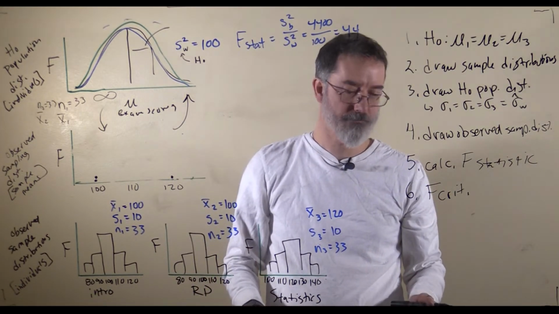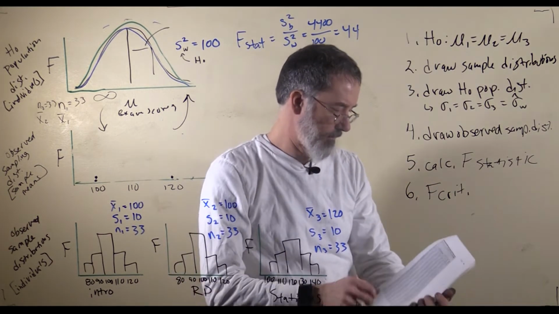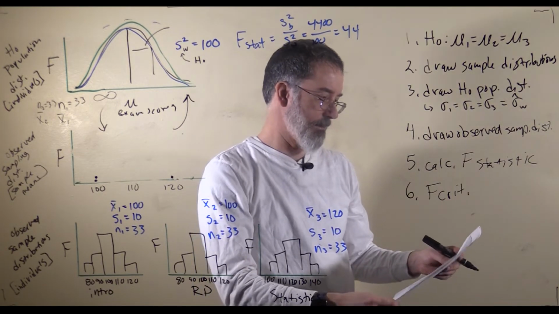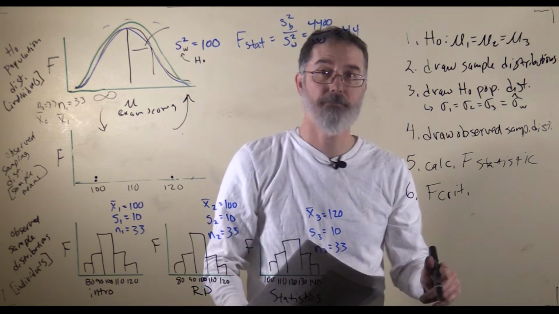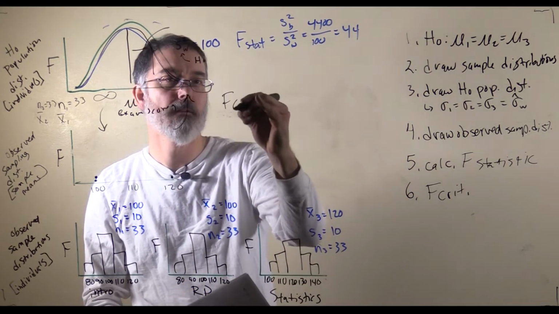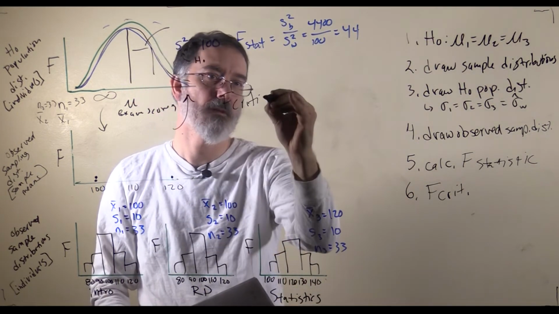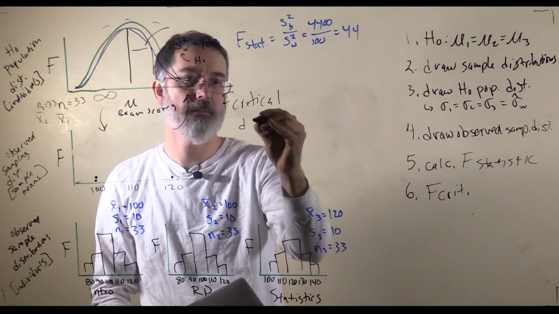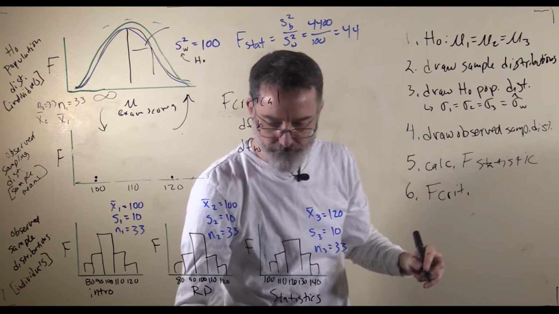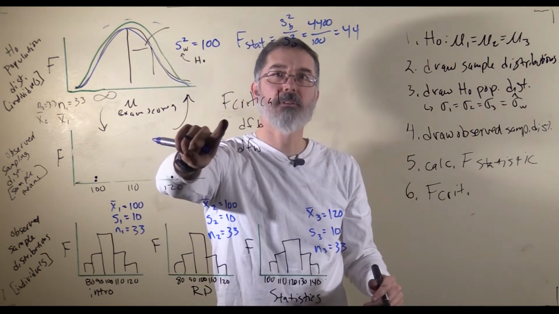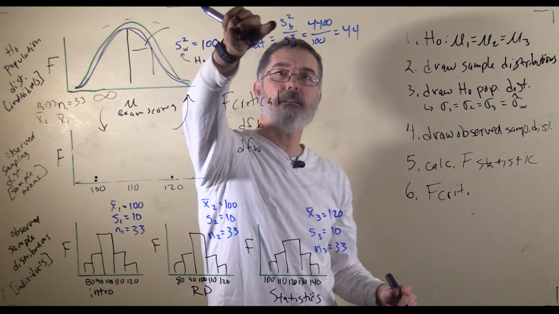That's what we're going to use when we're doing it by hand for a class like this. The table that we have to get our F critical value asks for two kinds of degrees of freedom: the degrees of freedom between and the degrees of freedom within. The degrees of freedom between were those that we used here, right?